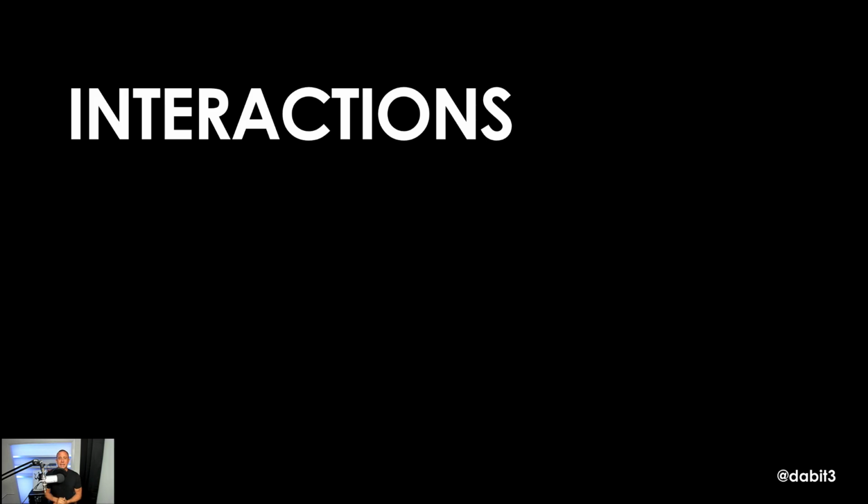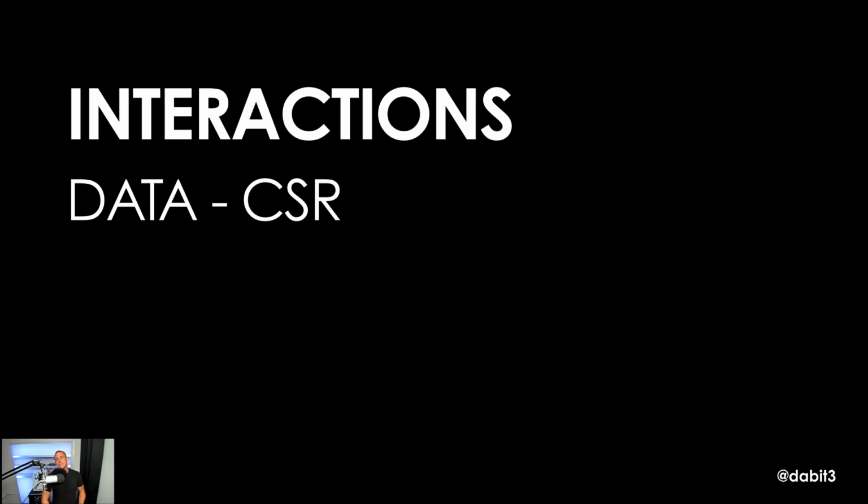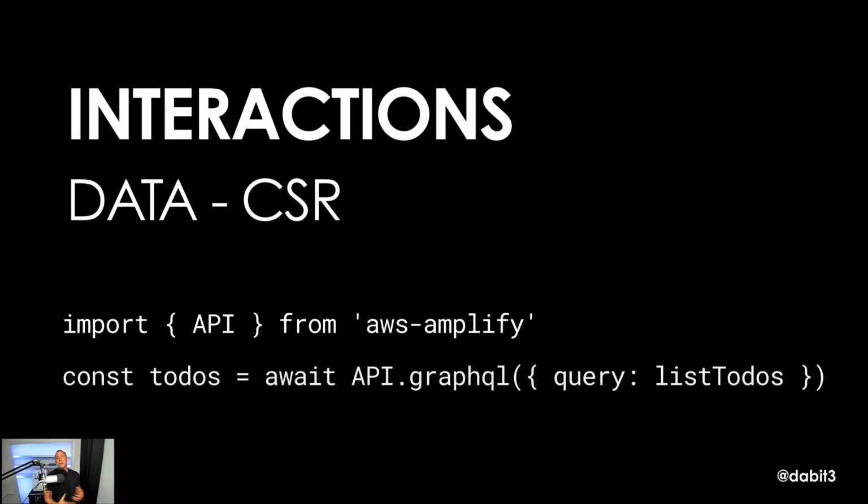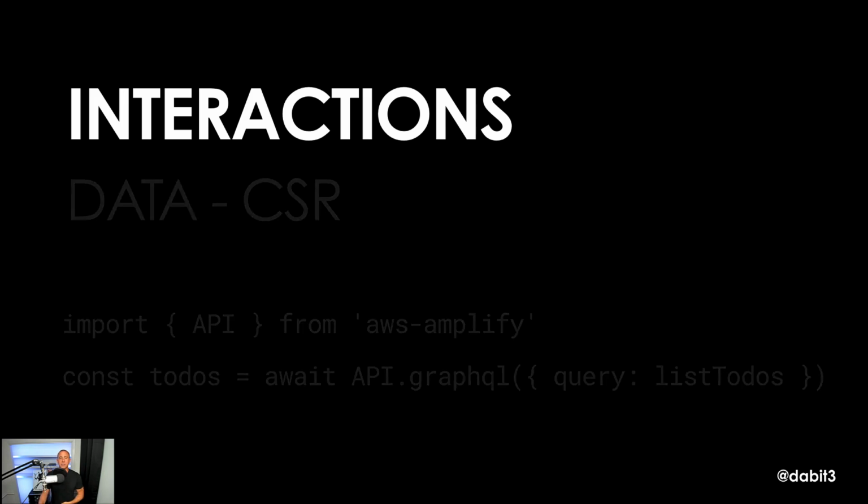So let's take a step back and look at how data worked on the client, not taking into consideration SSR support. If we're just fetching data from the client, we would import the API category from AWS Amplify, and then we would call API.get or API.graphql, and we would have our data and work with it. Now, if you'd like to use the API client on the server, you can also now do that.